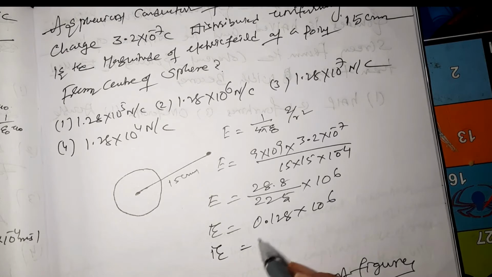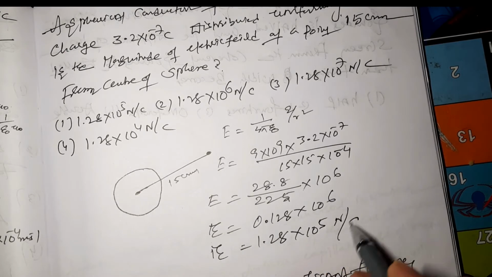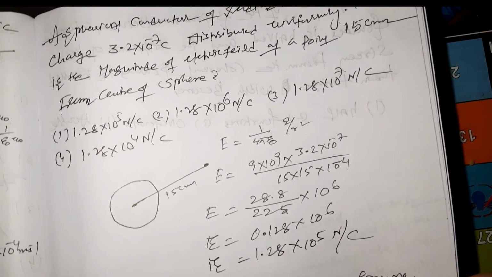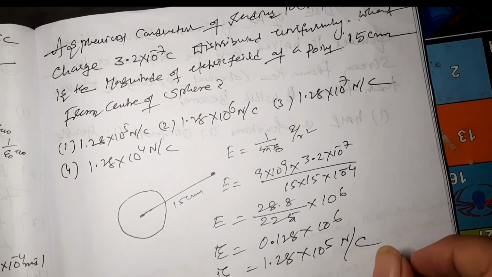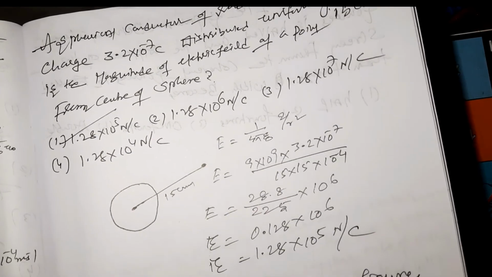So E equal to 1.28 into 10 to the power of 5 Newton per Coulomb. So our option is 1.28 into 10 to the power of 5, that means answer 1 is the correct option.